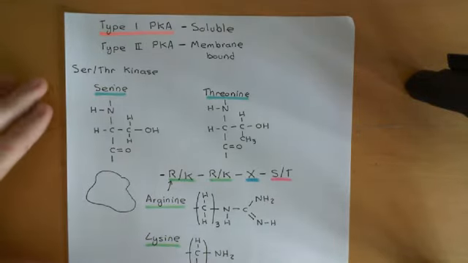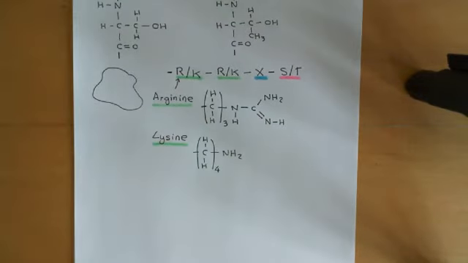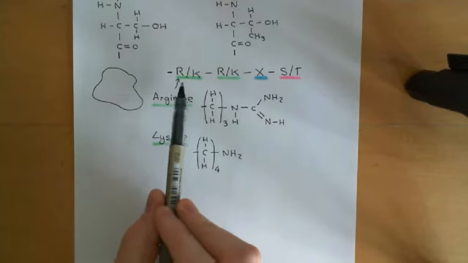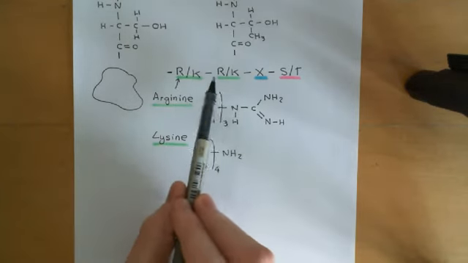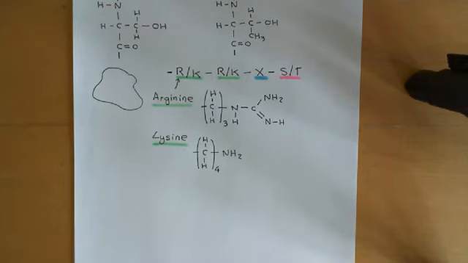Finally, what we've discussed is that not all serine threonine residues get phosphorylated by the catalytic subunits of protein kinase A. In order to be phosphorylated, a serine or threonine residue needs to occur in this special sequence, which is an arginine or a lysine followed by another arginine or a lysine followed by whatever you like, and then followed by a serine or a threonine. If your serine or threonine occurs in one of these sequences, then it can be phosphorylated by the catalytic subunit of protein kinase A.